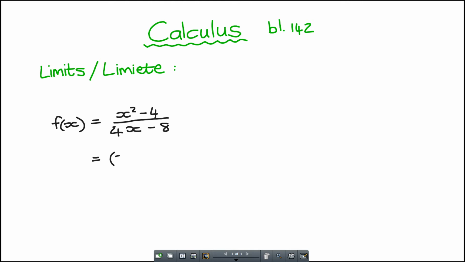So hy gaan mos raak (x plus 2)(x minus 2). Nee, is julle nog reg daar? Okay, at the bottom, the 4x minus 8. If I factorize that, wat gaan jy daar vir my doen? Haal uit, gemene faktor van 4. Okay, 4. En dan raak hy mos x minus 2.